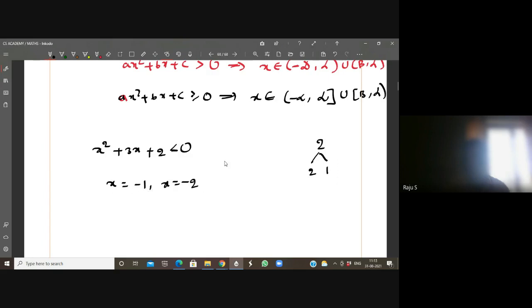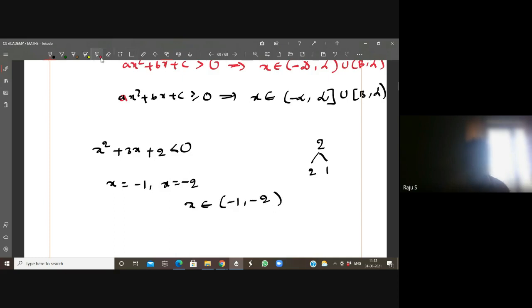Got it? Here it is inequality. Whenever it is inequality, you should write lesser than means these are the roots of the given quadratic equation, but it is not an equation, it is inequality. So x belongs to minus 1 to minus 2.